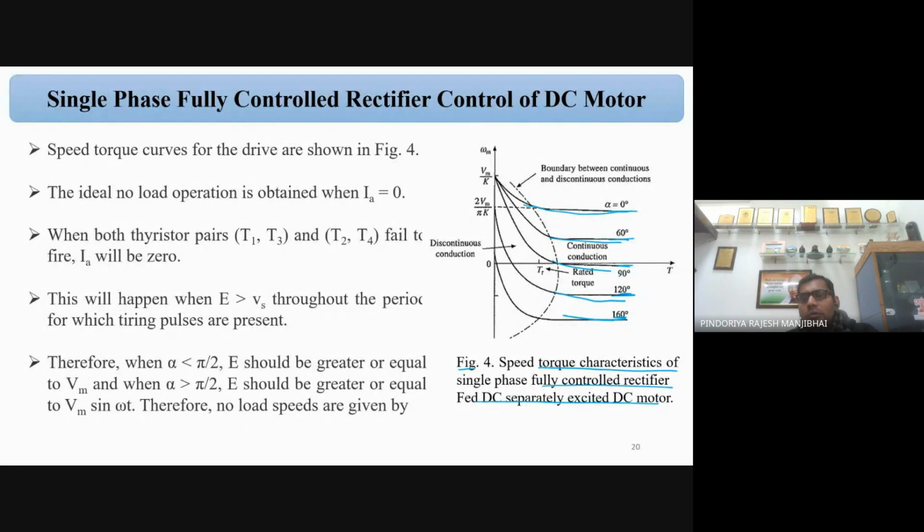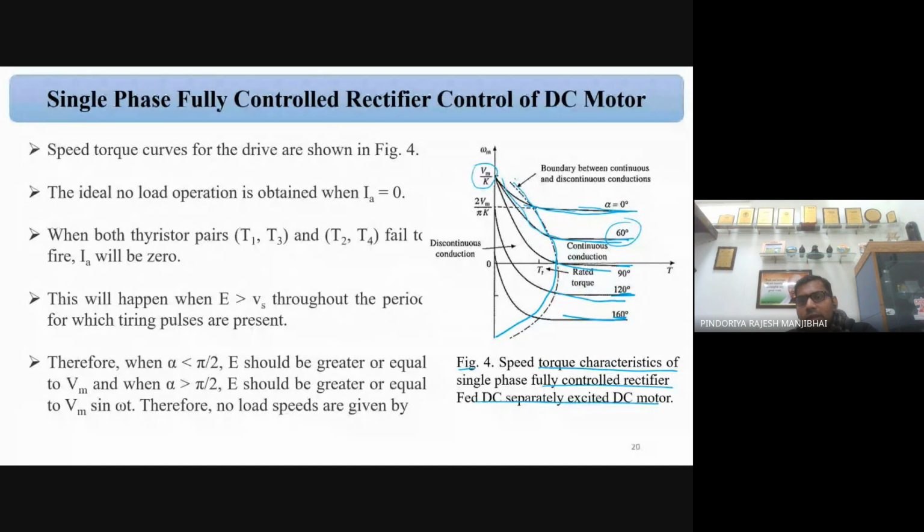Suppose you operate your rectifier at alpha equal to 0 degree, you will get this response, corresponding to Vm by k. Suppose you operate at alpha equal to 60 degrees, you will get this characteristic. So this is your boundary condition between continuous conduction mode and discontinuous mode.